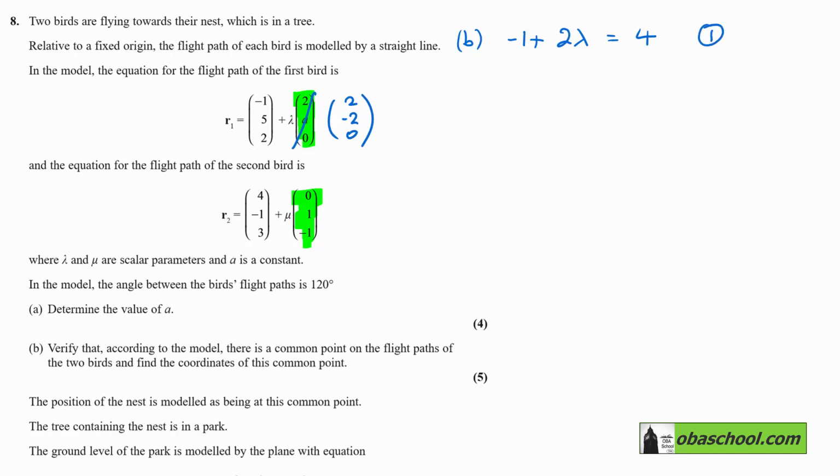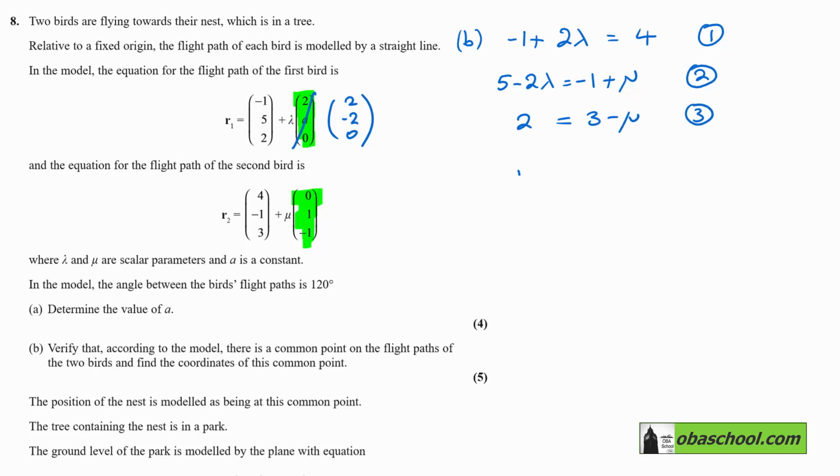Let's call that equation 1. And then we would have 5 minus 2λ is equal to -1 plus μ. Let's call that 2. And then we would have 2 is equal to 3 take away μ.